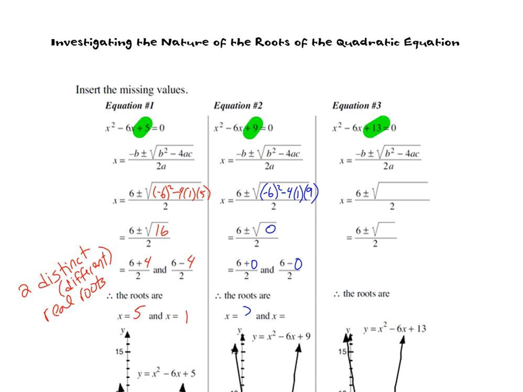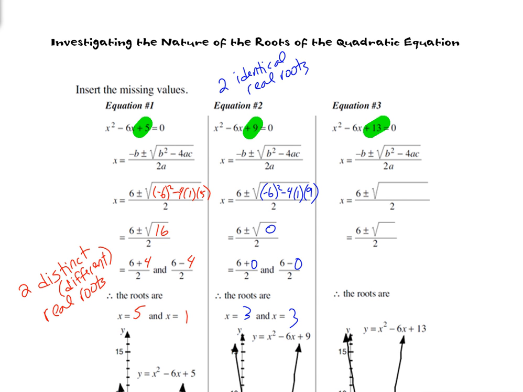That's 3. 6 minus 0, 6 divided by 2. That's 3. Oh, wait a minute. This time, I've got 2 identical real roots. Or we can say I've got 1 answer. They both come to the same thing.